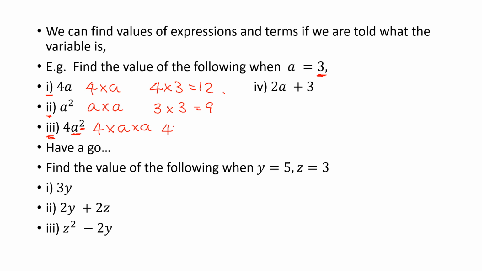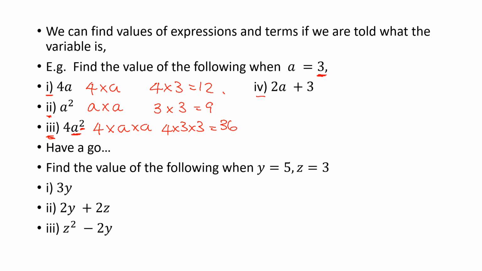So 4 times 3 times 3, which is equal to 36. 4 times 3 is 12, times 3 is 36. So remember, the square sign only applies to the letter or number just before it, unless there were a pair of brackets around two or more.